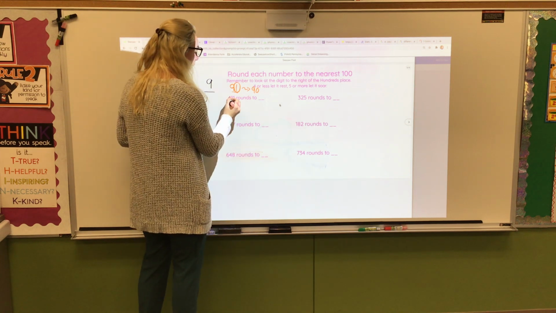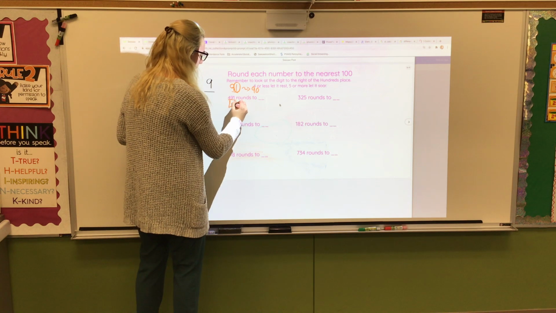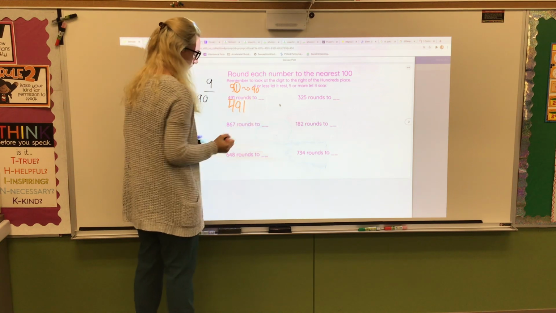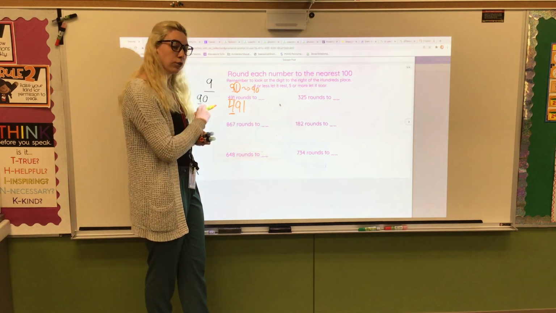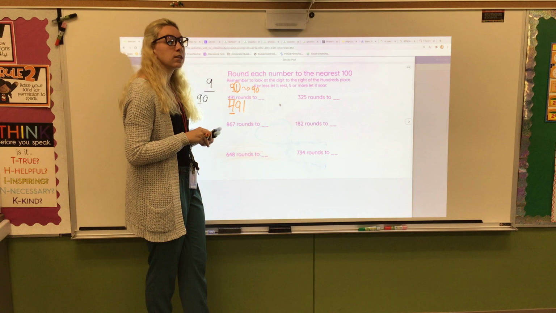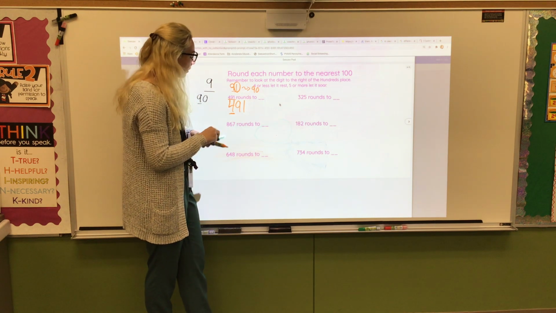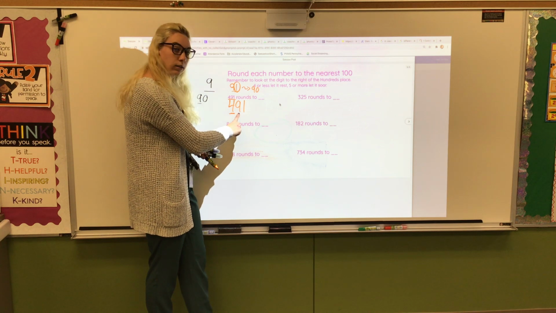Today your number is 491. I'm going to write it bigger because that's really small to see. 491. Since this is the place value we're working on now, we're working in hundreds instead of tens, it's very important that we look to the number to the right of it. Am I going to go all the way down here to the right, or am I going right next door?